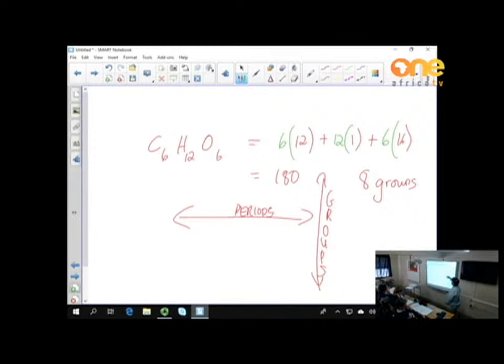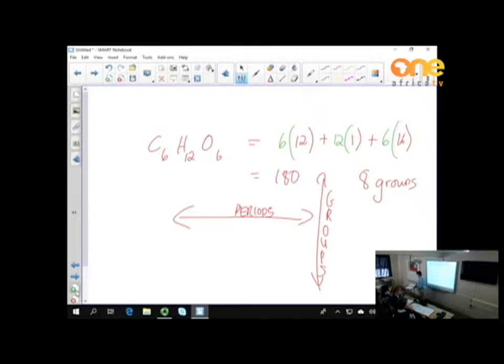And then the periods are the first two elements, hydrogen and helium, lie in the first period. Then lithium, beryllium, boron, neon lie in the second period, etc. Okay? In general, the elements in the different groups are grouped together because their properties are more or less the same.